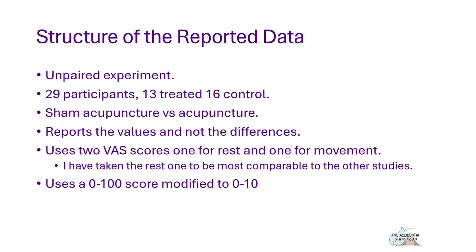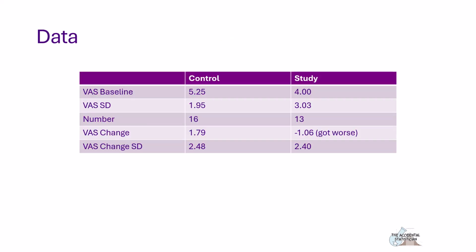So again, you need to use the standard deviation formula that was in the Irnich slides. The only difference here is that there are 2 VAS scores, one for rest and one for movement. I've used the rest one because I think that is the one that is comparable to the VAS scores used in all of the other studies. Uses a score of 0 to 100, so it's modified to 0 to 10.